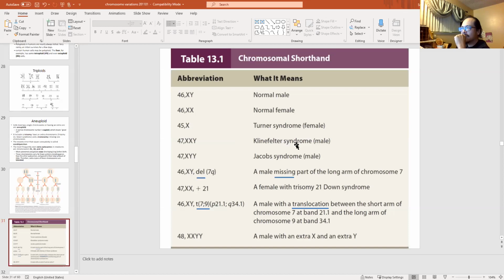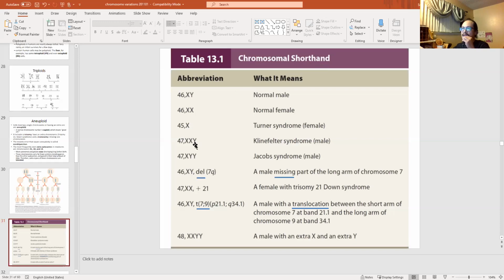So we can use the name of the disorder, but it's easier to just use this, called chromosome shorthand, a label that says exactly what the condition is. A syndrome usually describes the phenotype, a spectrum of phenotypes, but the genotype is better identified and presented by this chromosome shorthand.